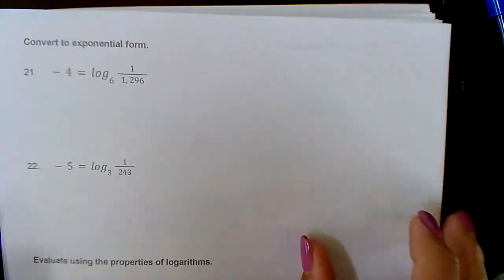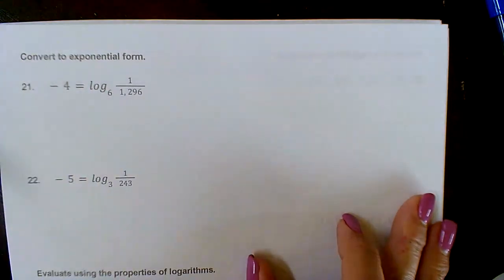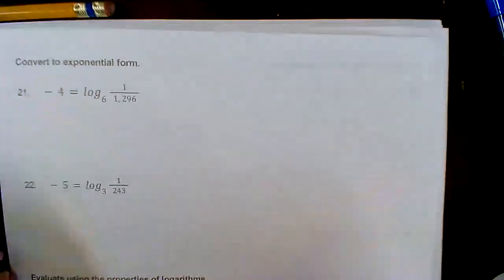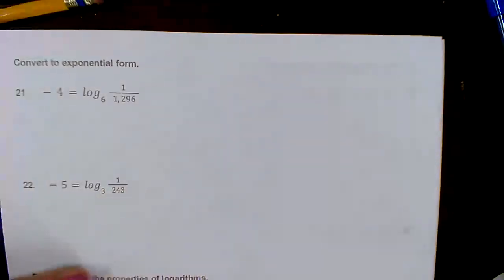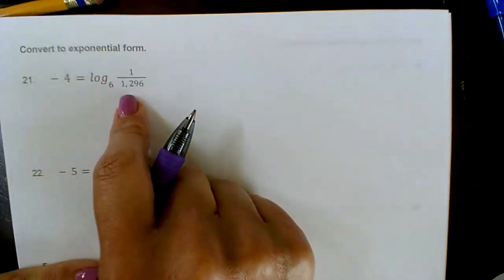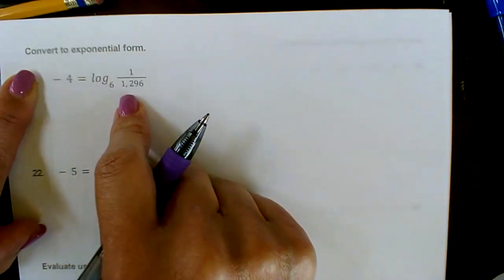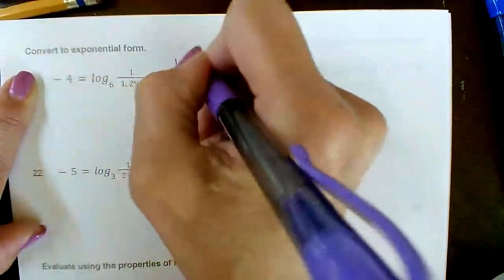So 21 is asking us, this one too. I went through the whole exam to make sure that we could stop at chapter 10.3. Yeah, so I remember this too. It says convert to the exponential form. So again, if you want to switch it, fine.